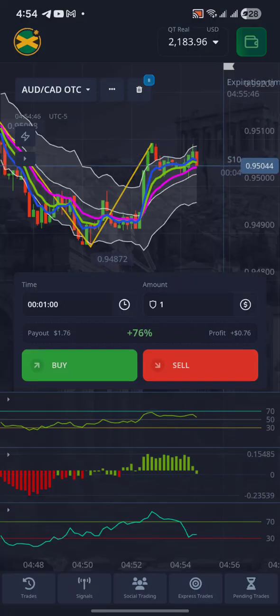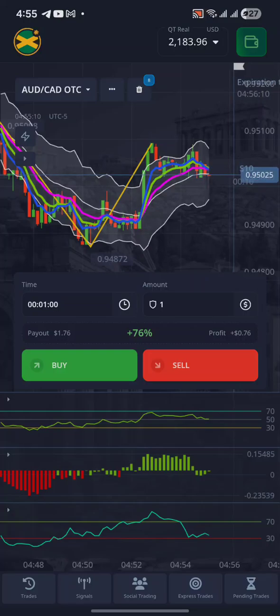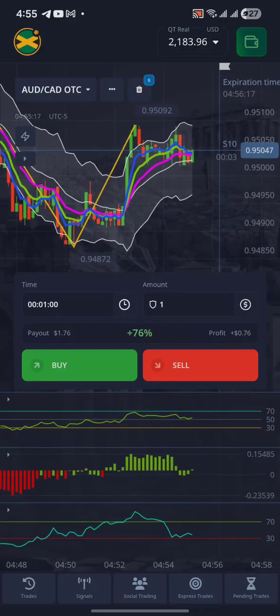So we can still wait for the next strong up signal. This has moved down, which is weird. We can wait for that up movement there for the 1 minute. Either it goes or just wins.